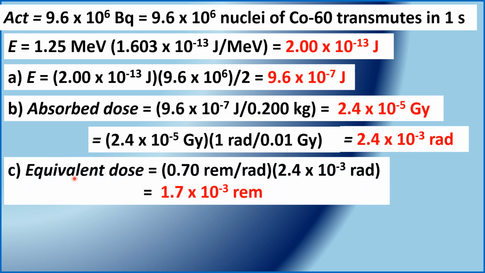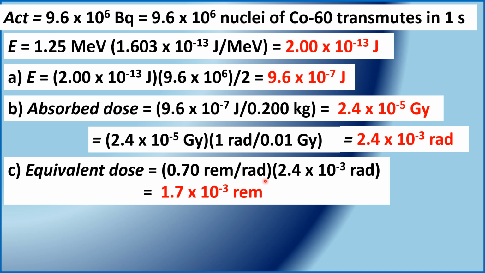And moving on to question letter C, what is the equivalent dose for this absorbed dose, given that the RBE, or the relative biological effectiveness of gamma radiation, is 0.70 rem per rad?